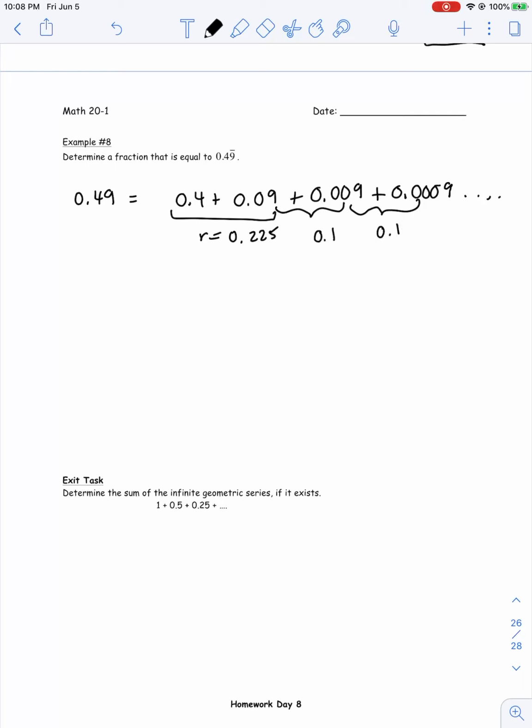And then again, if you divide these two, 0.1. So it's only really a geometric sequence from term 2 and on.